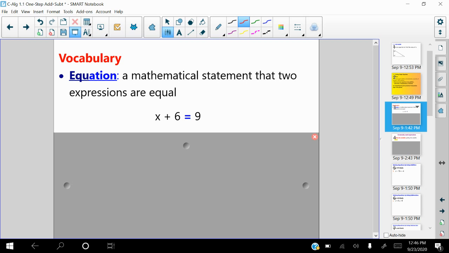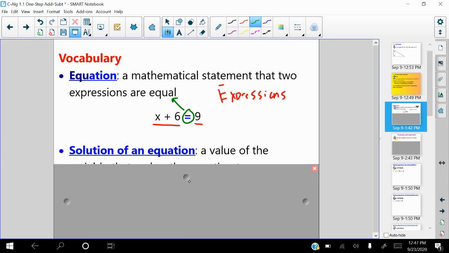Technically, x plus 6 and 9 are expressions alone by themselves. But since we have the equal sign, this makes it an equation.